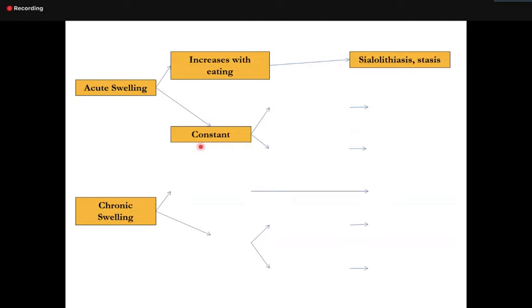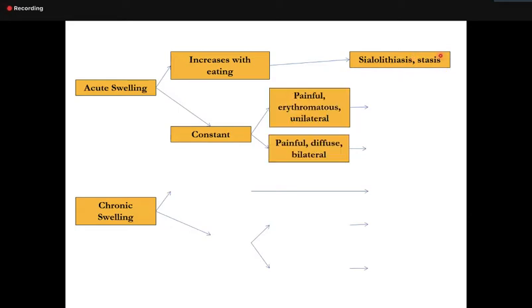If they increase in size with eating, there is some sort of stasis. It can be sialolithiasis or some injury to the duct or a blockage of the duct, any type of stasis. And if it is constant and painful, erythematous and unilateral, then it is an acute swelling.